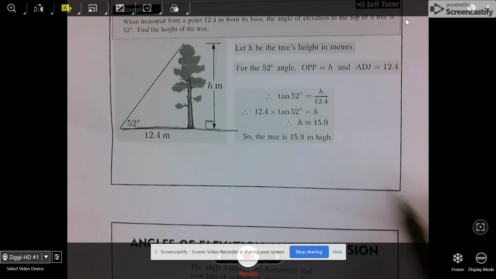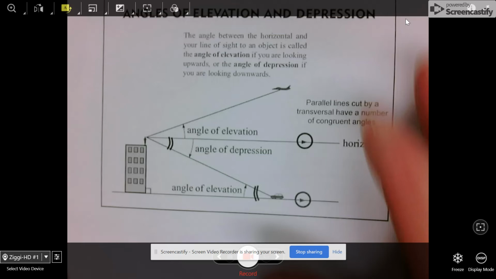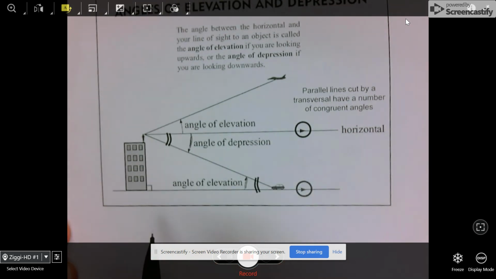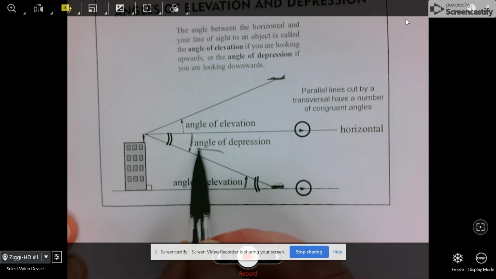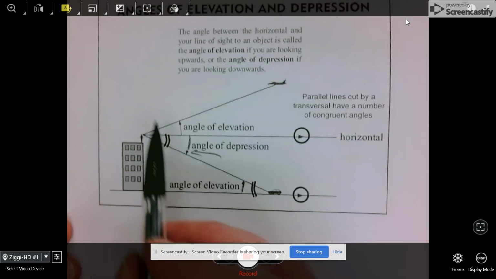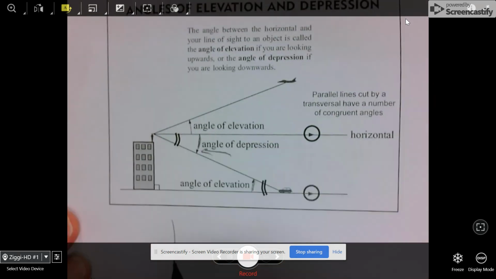Here is the other key to all of this, is that they're going to give you something called the angle of elevation or the angle of depression. Notice those are the same measure, okay? A lot of people, they'll say like the angle of depression from the top of a building down to a point on the ground is 35 degrees, and they want to put it right here.